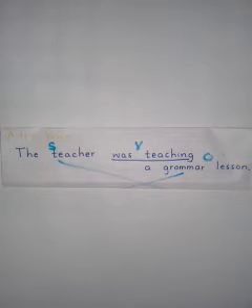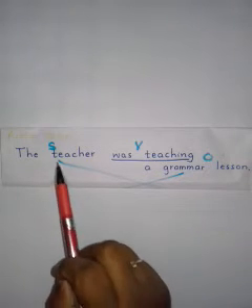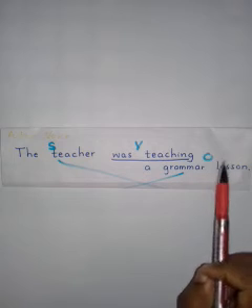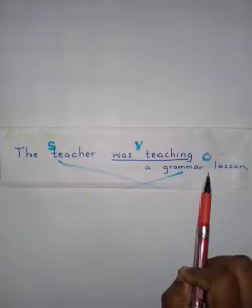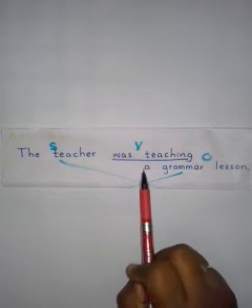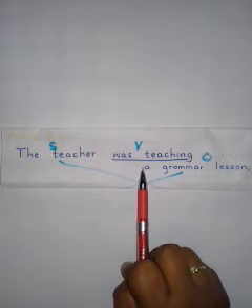Here is another active voice sentence. To change this into passive, as the first step you must identify the subject, verb and the object. Then, according to the word, you must decide the tense.